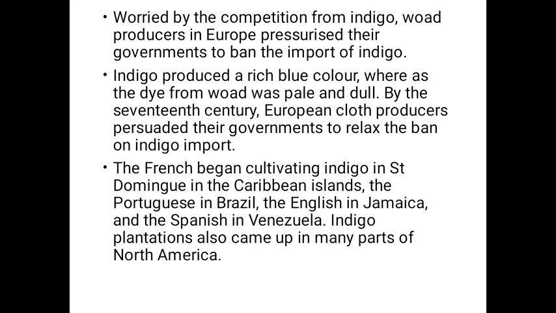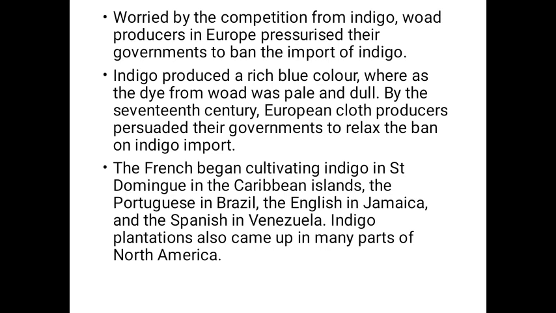Later, the French began cultivating indigo in Saint Domingue in the Caribbean islands, the Portuguese in Brazil, the English in Jamaica, and the Spanish in Venezuela. Indigo plantations also came up in many parts of North America. Europe is the best suitable region for the cultivation of woad, yet now they came forward even for cultivating indigo.